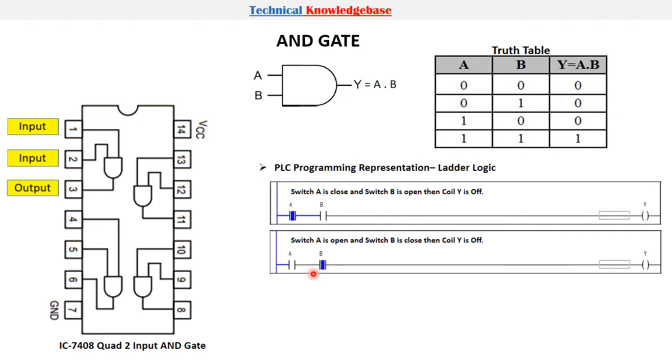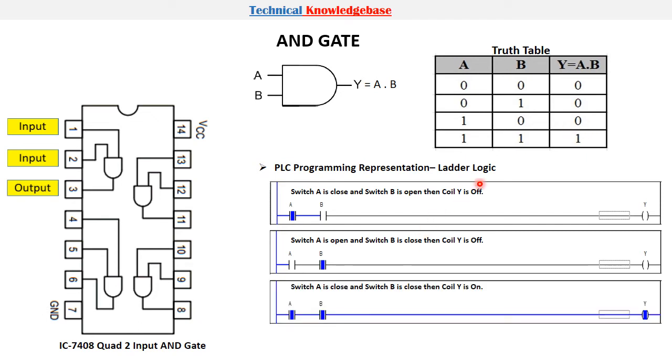Next, we have made the combination for 0 and 1, then output is 0. And next we have represented this combination: when both inputs are 1, then output is high.